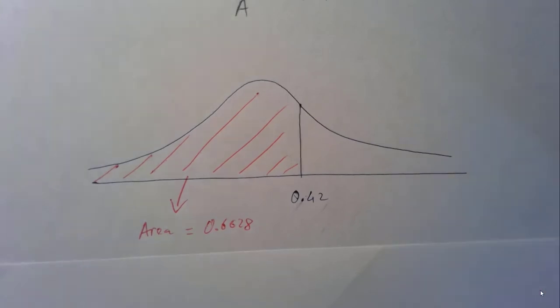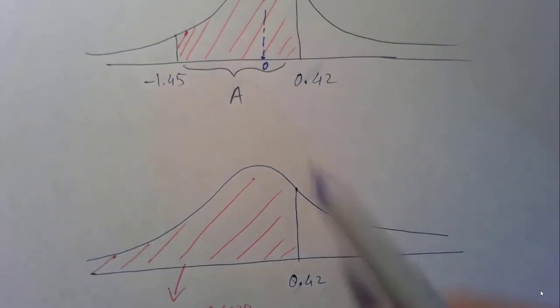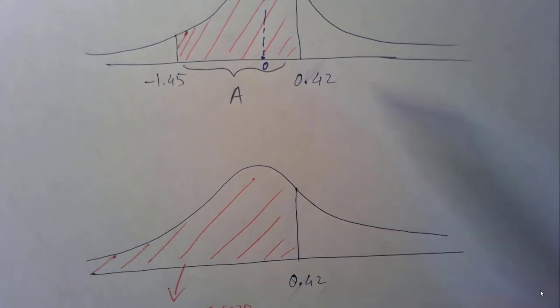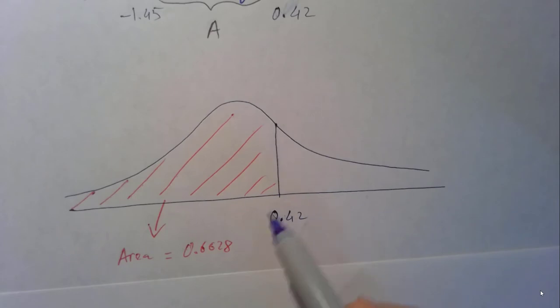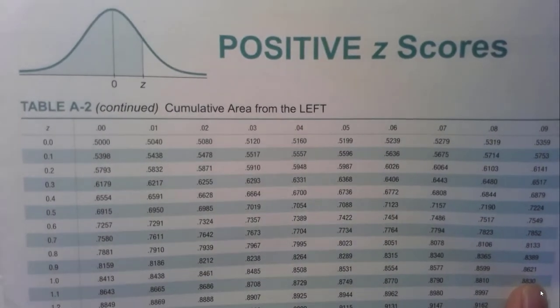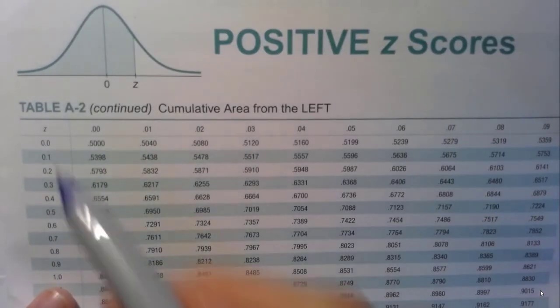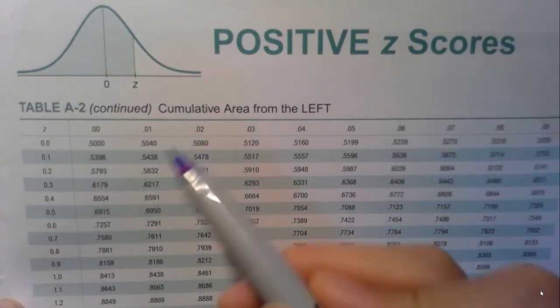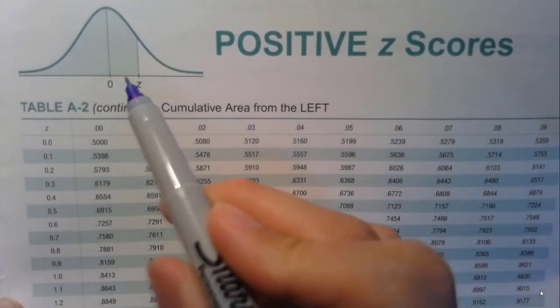So if we use the z-score table, let's take a look at 0.42. This is bigger than 0, so it is a positive z-score, and I use the positive z-score table. Now remember that the z-score table only gives you the cumulative area from the left side of that z-score.